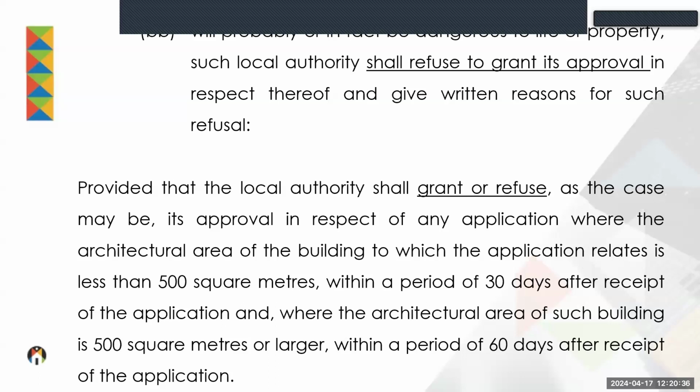And if they refer it back to you, they did not refuse it and they did not approve it as yet. In other words, the clock doesn't stop ticking. The clock carries on. And if that period then exceeds the period provided for in the legislation for them to either approve or to refuse a building plan, they are committing an administrative action that is not just.